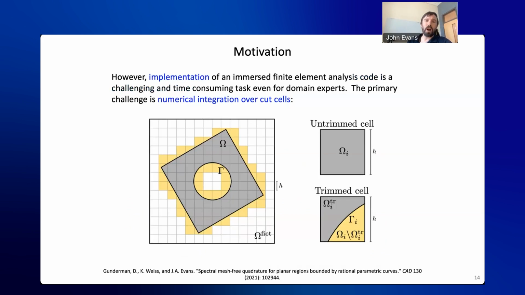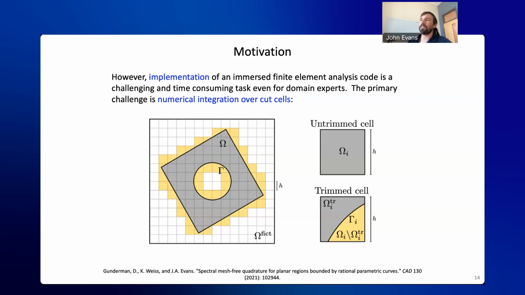Now, the primary challenge of immersed finite element analysis is implementation. It's a challenging and time-consuming task even for domain experts. And the primary challenge is numerical integration over cut cells. So in this image here, we can imagine that the physical domain is depicted in gray, right? And we denote this as omega.